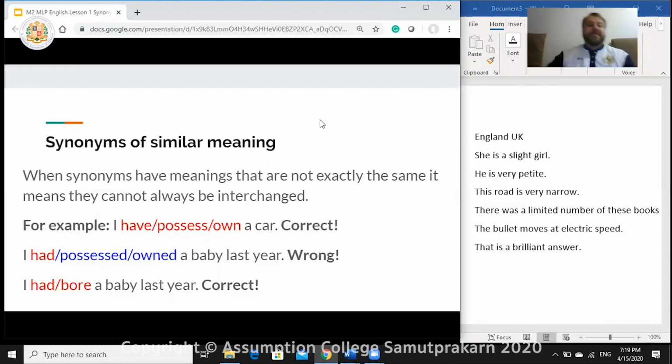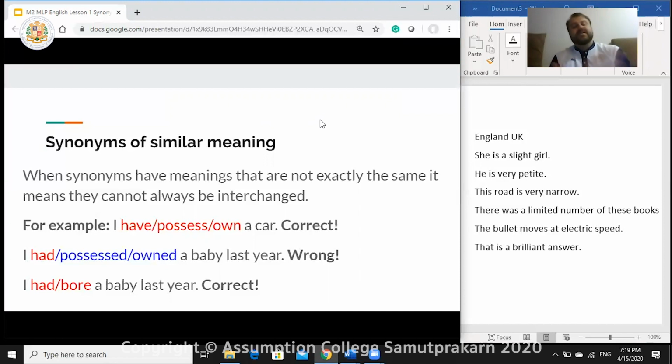If you want a synonym for to have, to talk about children, one is to bear, or the past of it, to bore. I bore a baby last year. That would actually be the synonym of to have, talking about having a child, to bear a child.